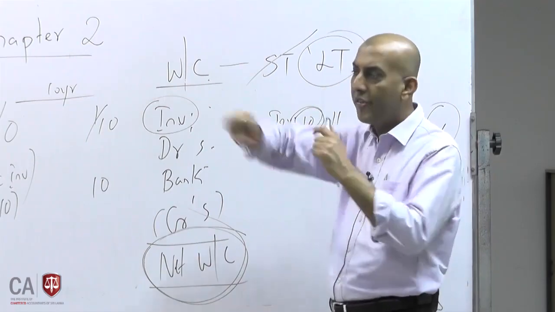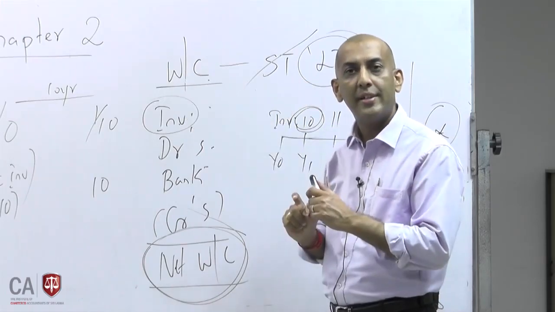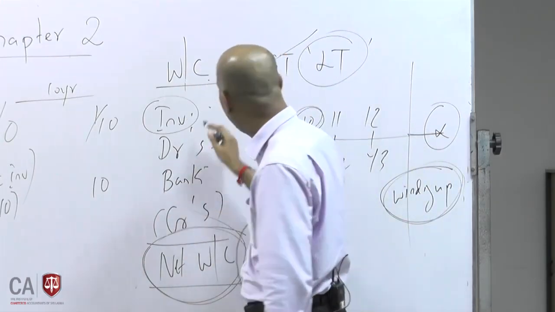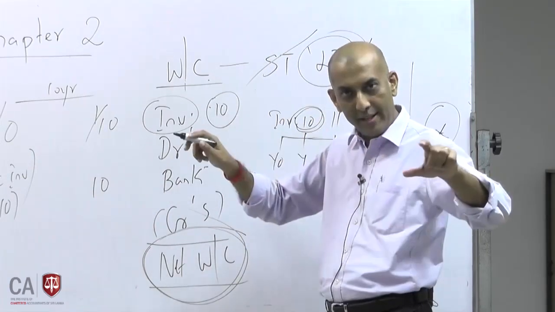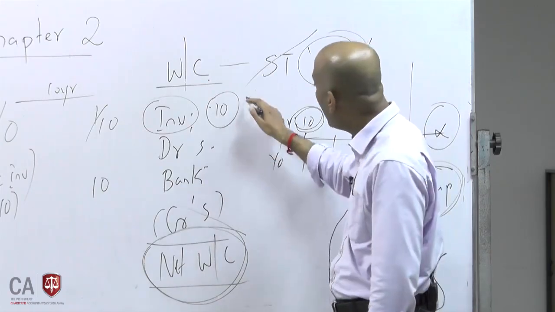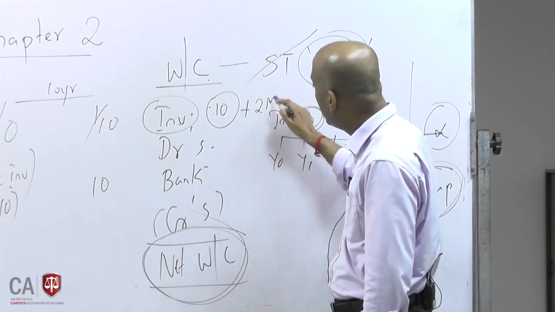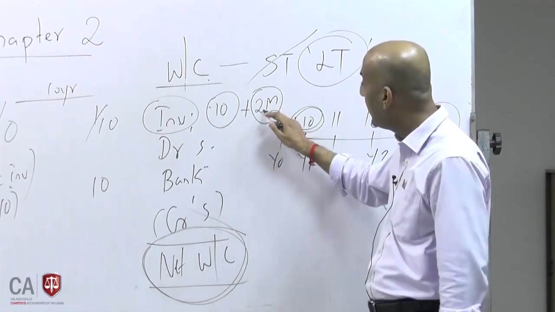They don't keep that inventory for 12 months, only for maybe another 1 or 2 months. So if your company's average inventory is 10 million for 12 months, only in April and December you might have another 2 million.